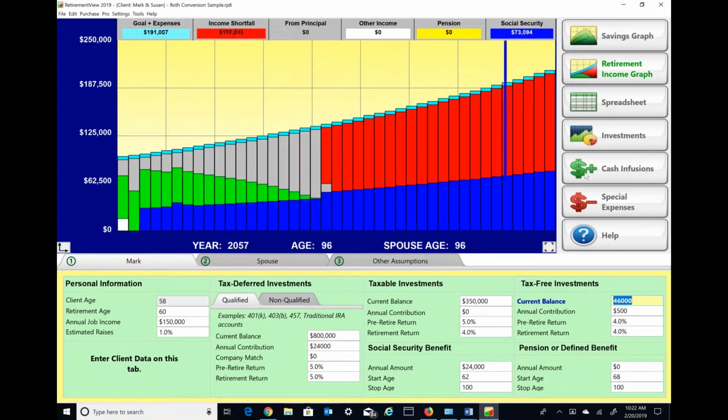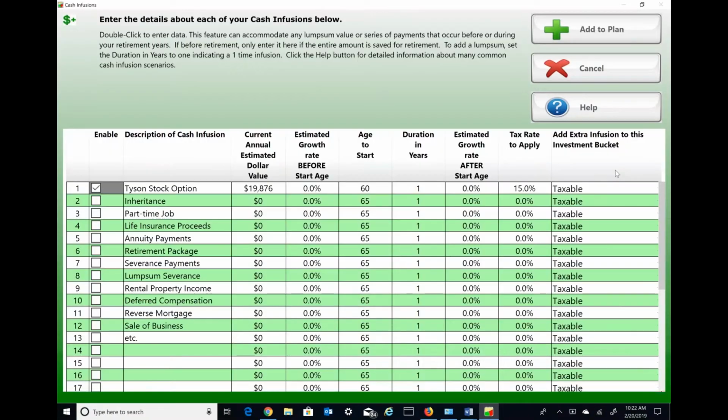Now we're going to click on cash infusions. We're going to go to line 2 and type "convert to Roth." Okay, and I'm going to make sure it's checked.